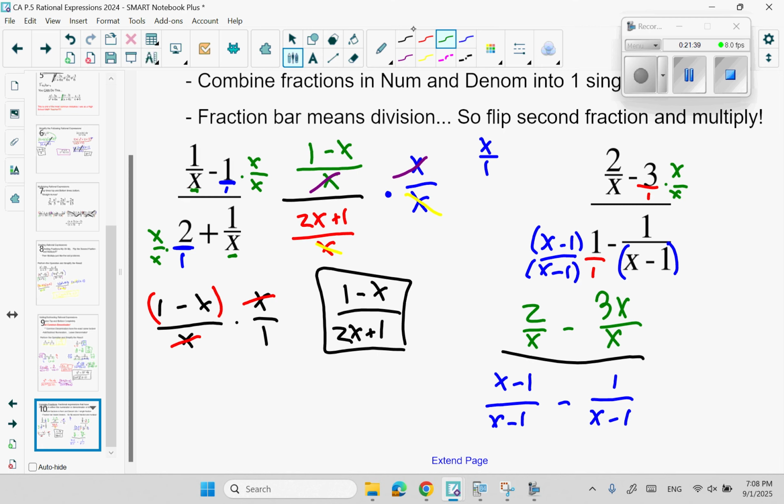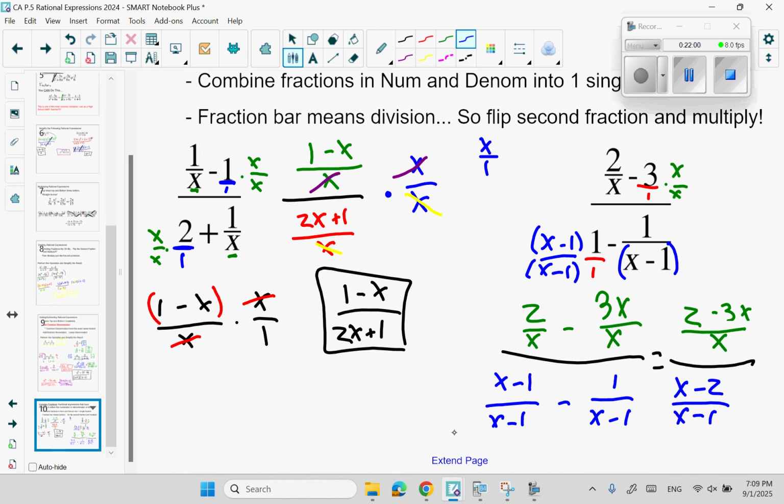And I can resolve them both separately. So 2 minus 3x, that's just going to give me 2 minus 3x over x. And in the bottom, we have x minus 1 minus 1. Well, negative 1 minus 1 is negative 2, so x minus 2 over x minus 1.